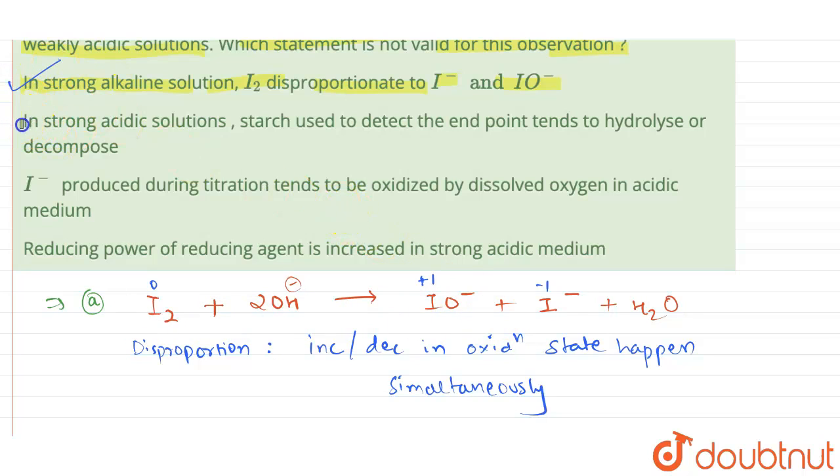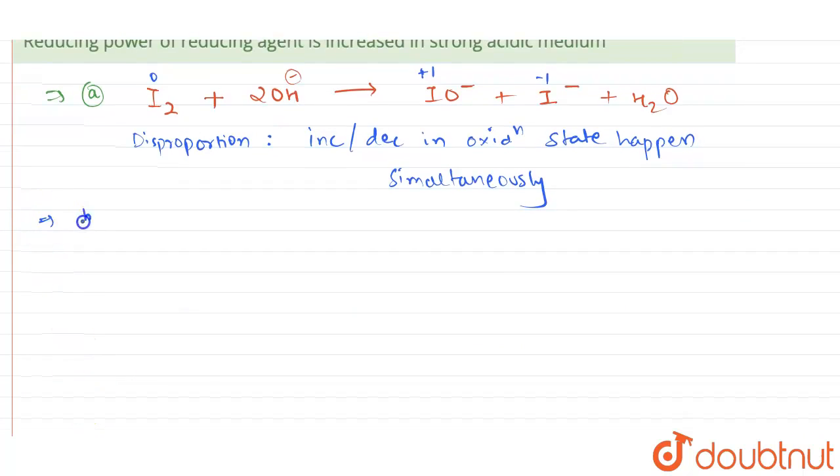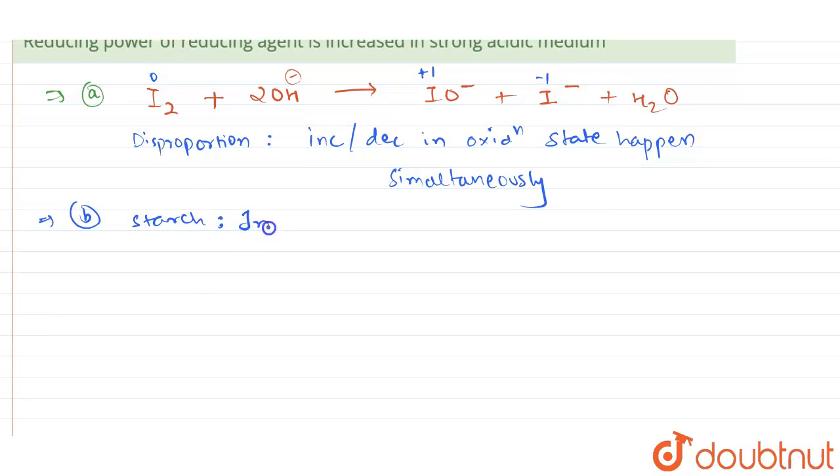Second one, it is stating that in strong acidic solutions, starch used to detect the endpoint tends to hydrolyze or decompose, which is absolutely true. Why? Because the starch which is used is going to act as an indicator. So what happens in this case? The iodine which is released is absorbed by the starch.